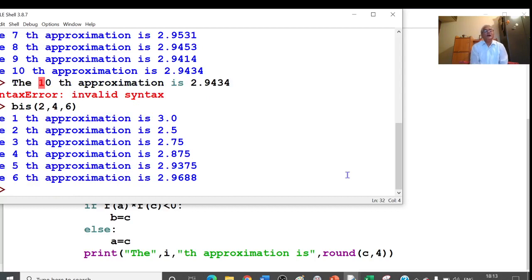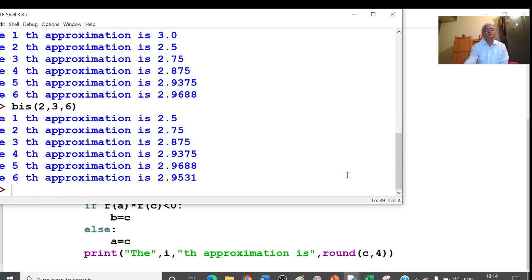I have changed the A and B here. Similarly, again BIS 2 comma 3 comma 6, n equal to 6. Enter. We are getting this value. Okay, so this is another method of writing the program.